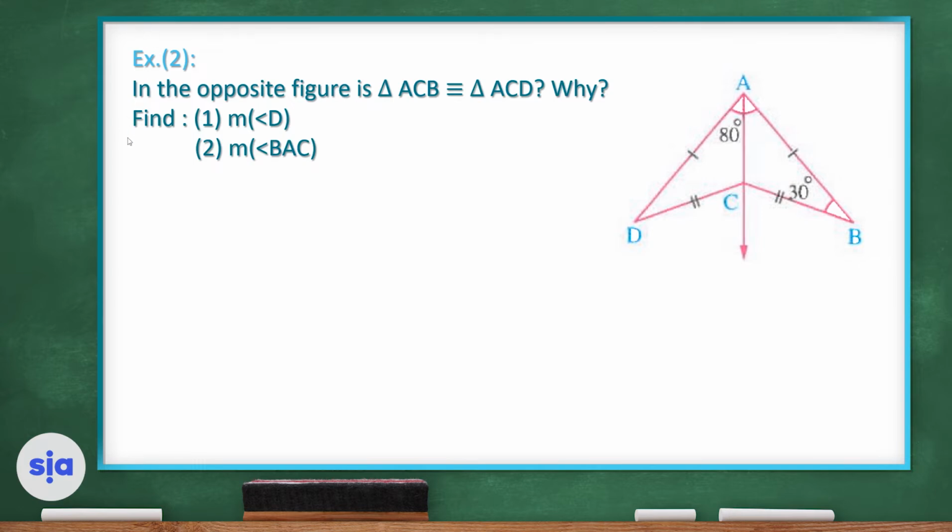In the two triangles that we have, triangle ACD and triangle ACB, you will see that AD is given equal to AB and the length of CD is given equal to the length of CB, and AC segment is a common side.